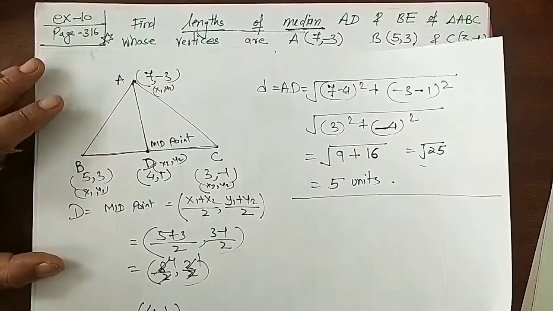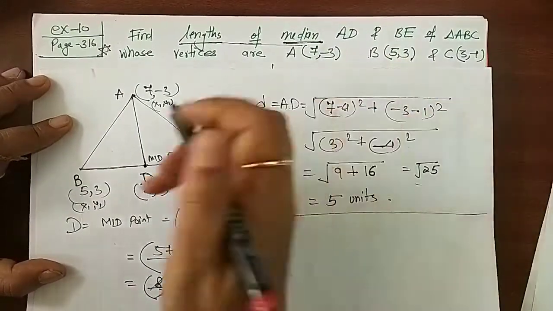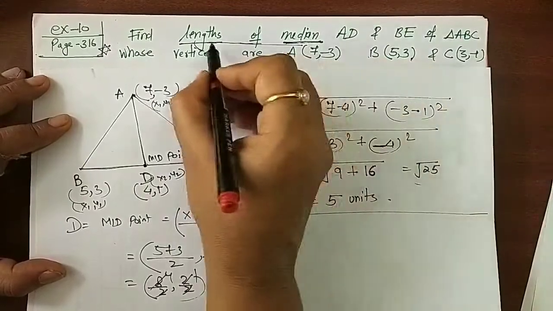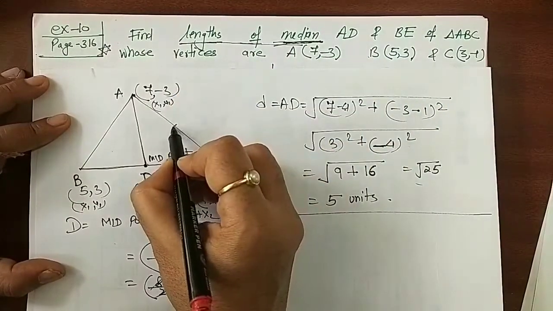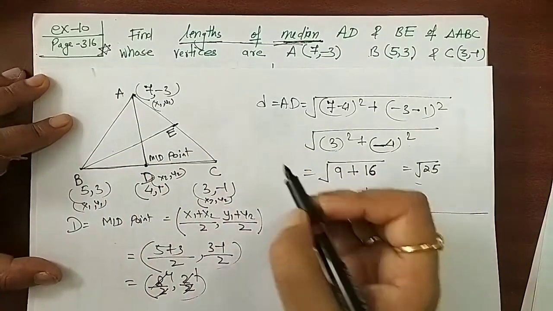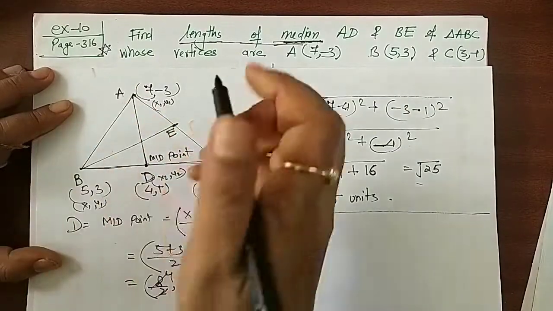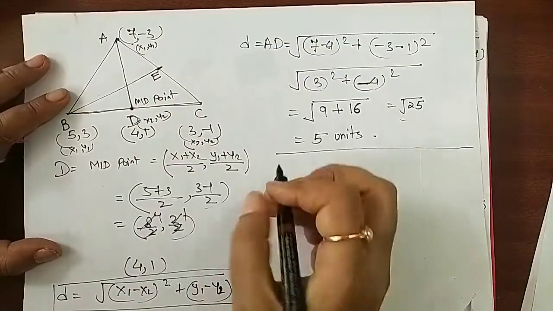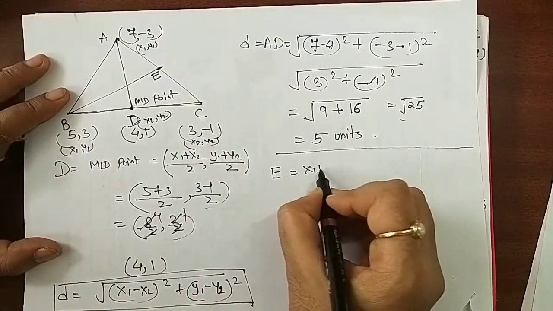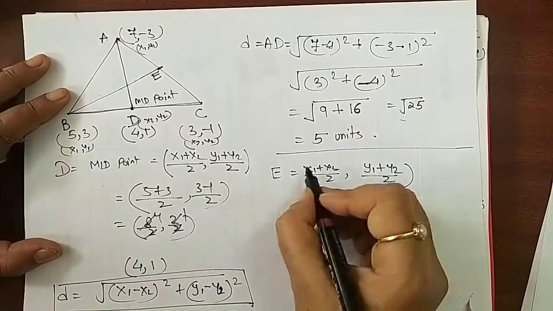Next part of the question, they were asking to find BE. This is a median, so E has to be the midpoint of AC, then only we will find BE, right? So E will be x1 plus x2 by 2, y1 plus y2 by 2.